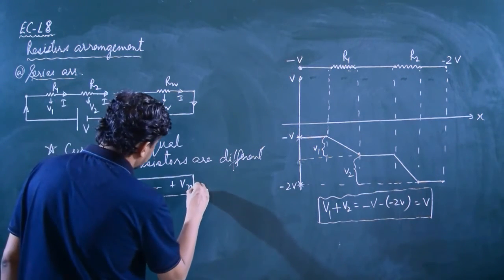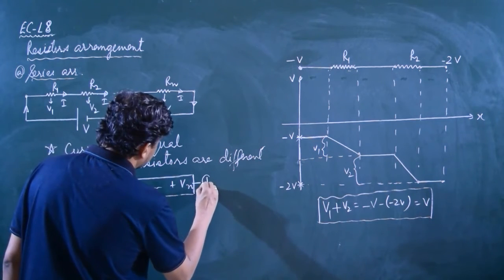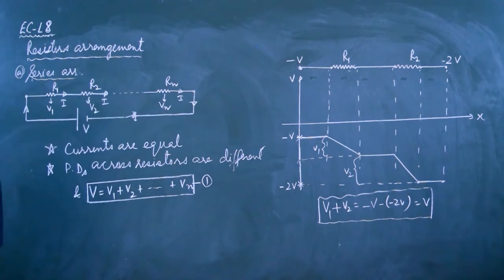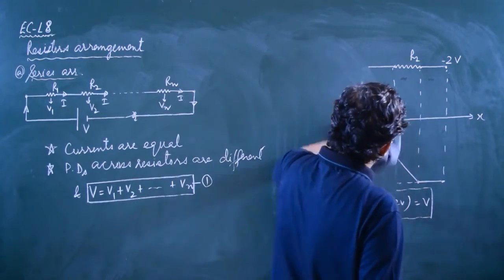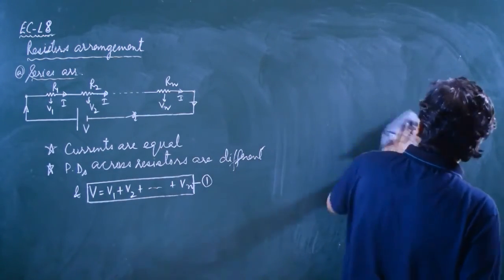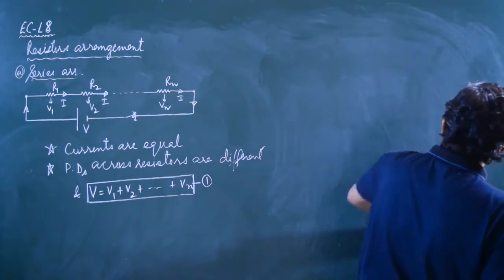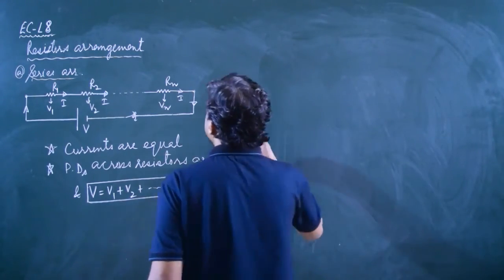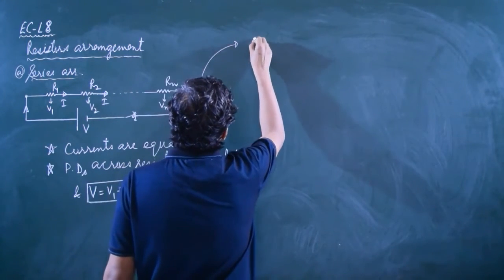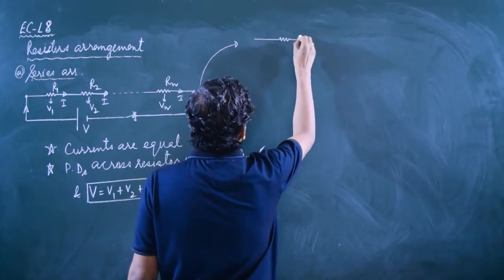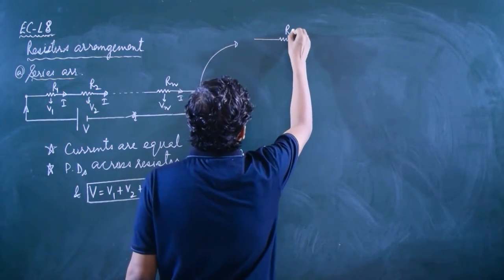That is, suppose, equation 1. Okay, now see, if the equivalent resistance of this arrangement is suppose R, suppose the equivalent resistance for this arrangement is R. R is what here?